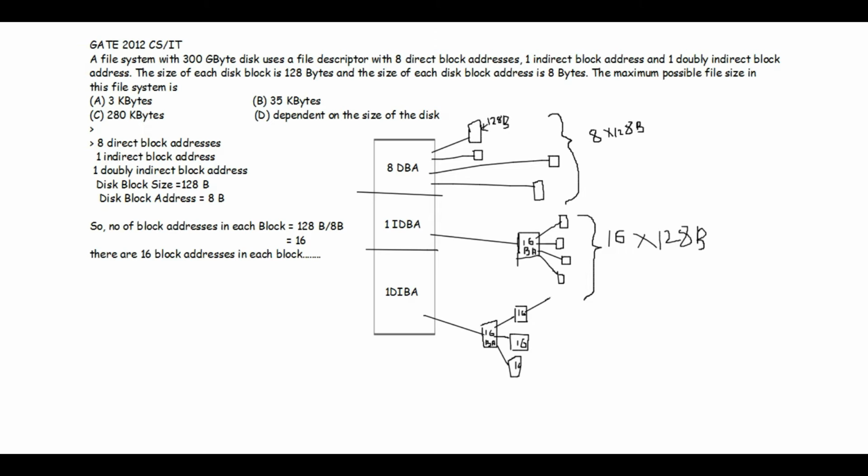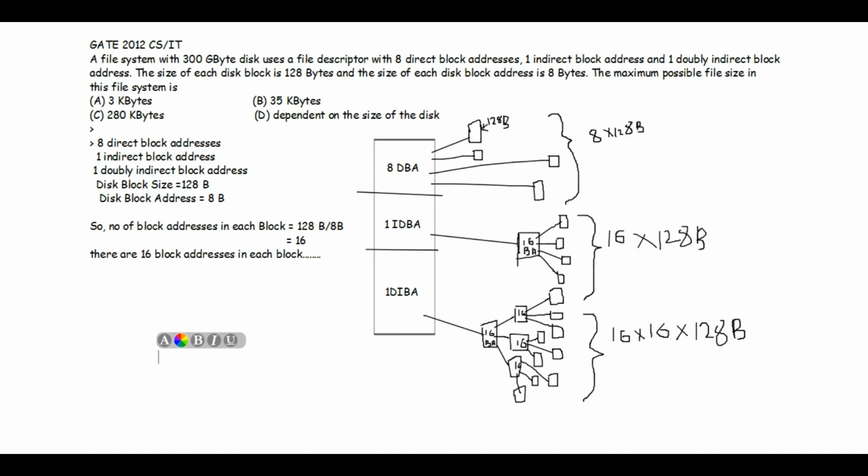If we use a double indirect block address, we will have 16 into 16 into 128 bytes of memory. First a particular block is pointing to 16 blocks, and each of those 16 blocks has 16 block addresses again, and each block again points to 16 blocks.